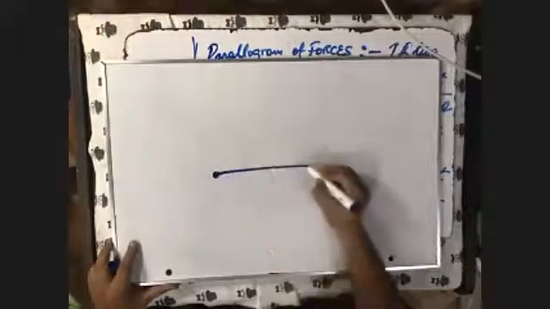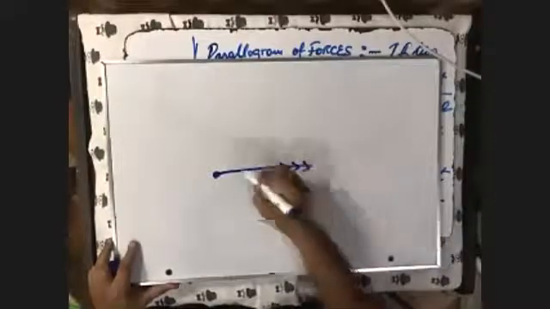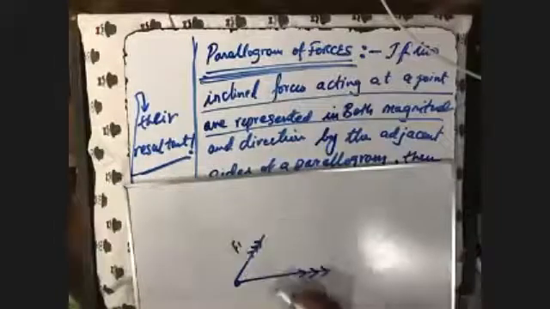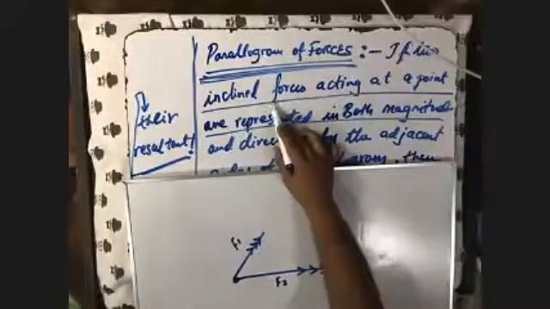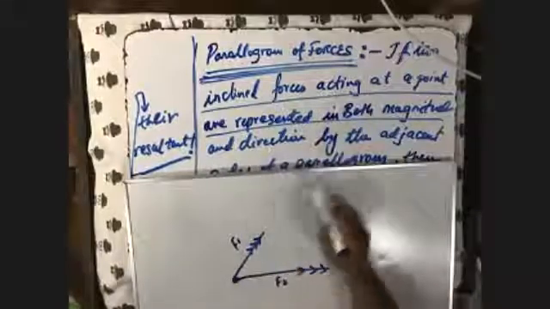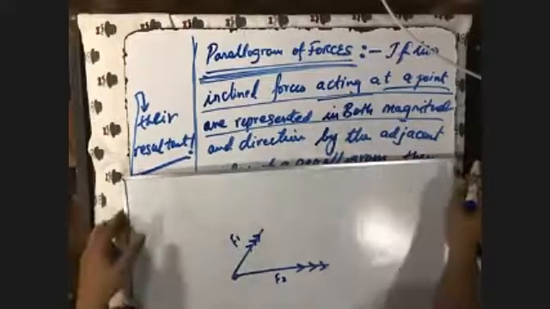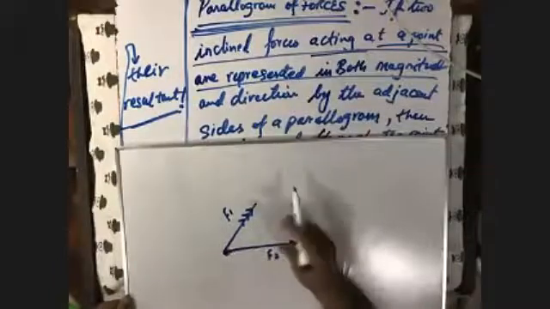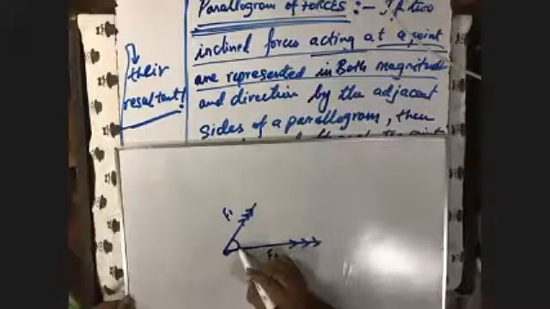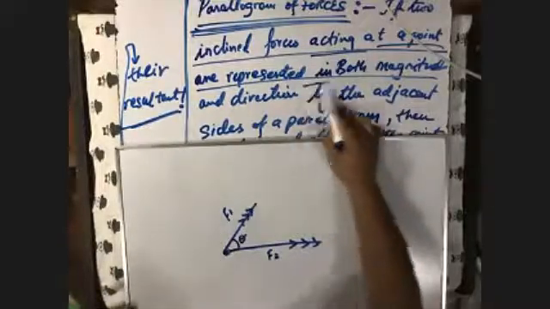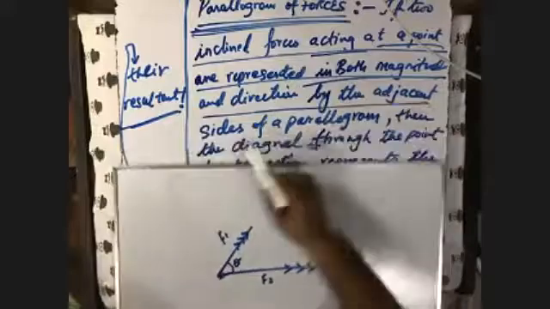If two forces F1 and F2, inclined, meaning at an angle, acting at a point, this is the point, are represented in both magnitude and direction. Remember, they have an angle of theta between them, you draw it. Are represented in both magnitude and direction by the adjacent sides of a parallelogram.